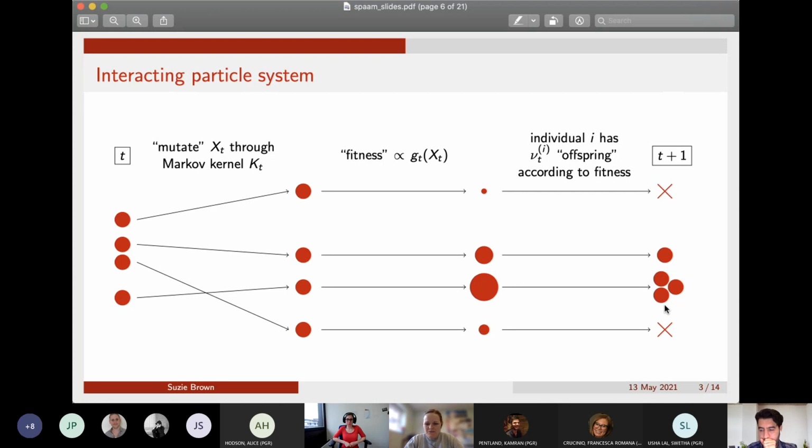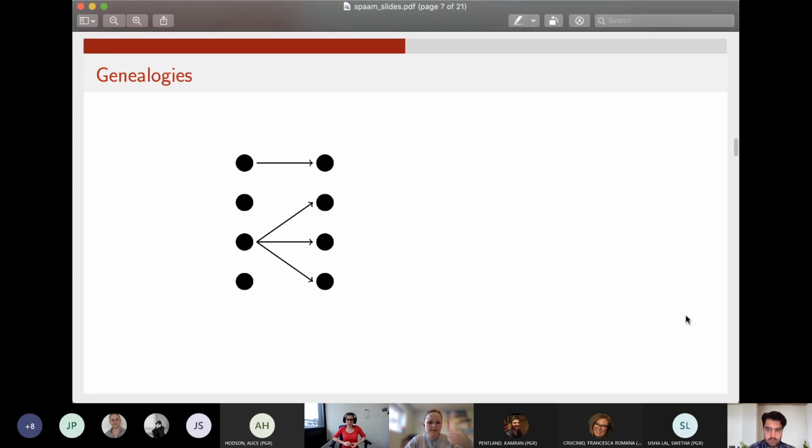So I'm just interested in which parent had which offspring. For instance, if we start with this example, we had 4 parents, and then one had 1 offspring, one had 3, and the other 2 had none. So we can draw this like this. If these are the parents at time t, and these are the offspring at time t plus 1, then we can just represent the parent-offspring relationship with an arrow.